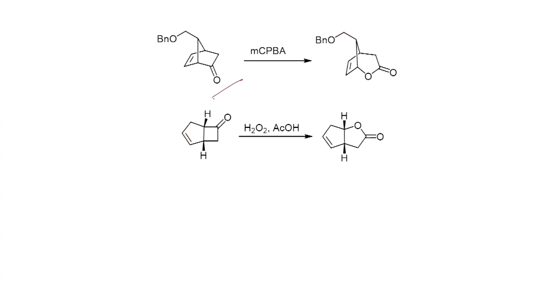Here the rearrangement of this bicyclic ketone is shown. When you react it with metachlorobenzoic acid, the reaction is usually carried out in dichloromethane, and if you look here, the oxygen insertion takes place at this carbon, because this is more nucleophilic.